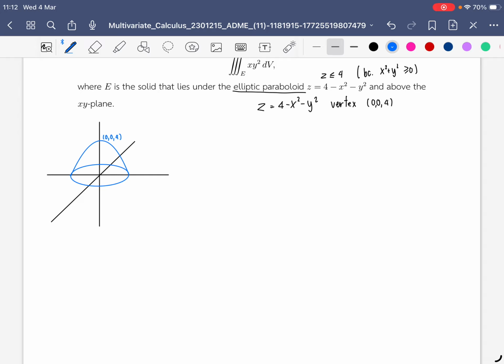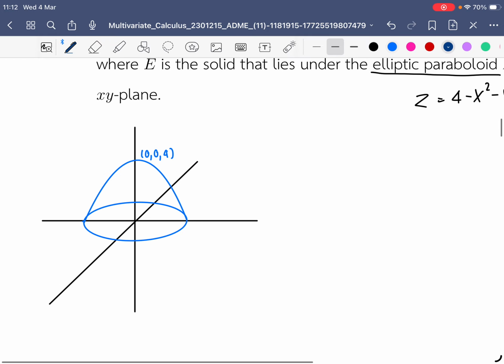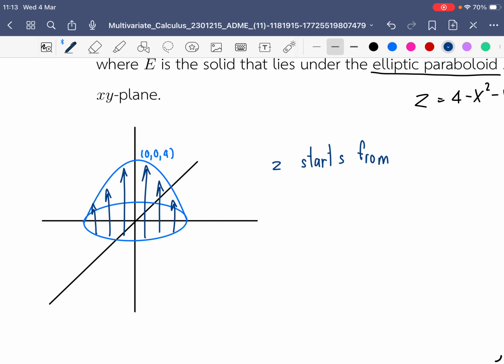So your z starts from the floor, from 0, to z equals 4 minus x squared minus y squared. When I change this to the cylindrical coordinate system, you get z equals 4 minus r squared, right? Because minus x squared minus y squared is minus r squared.